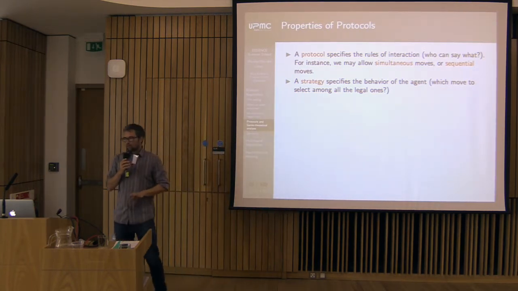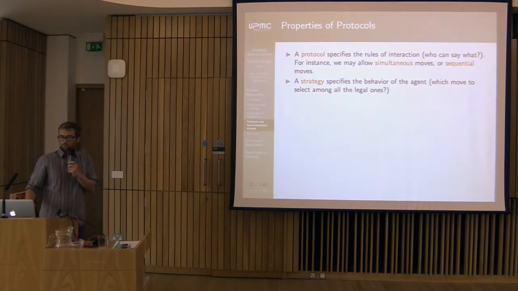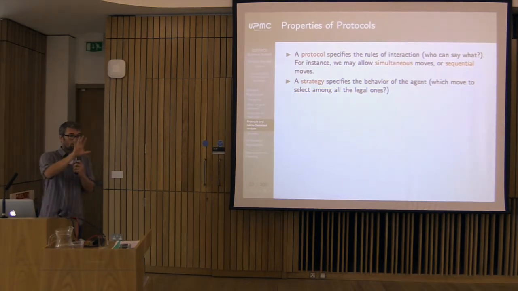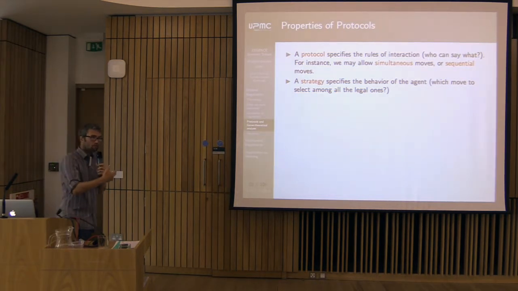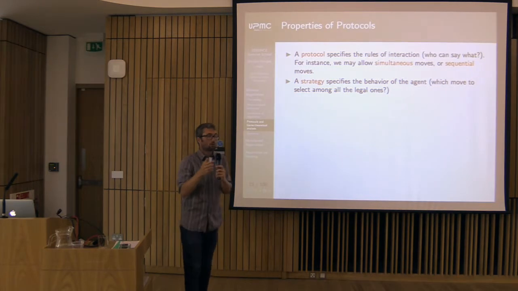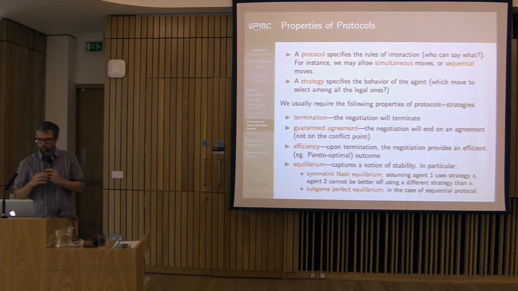Given that, an agent has a strategy, which is an individual behavior, which move to select among all the legal ones. The protocol gives me the legal moves, and the strategy tells me among those, which one, it has to be deterministic usually, should I pick.